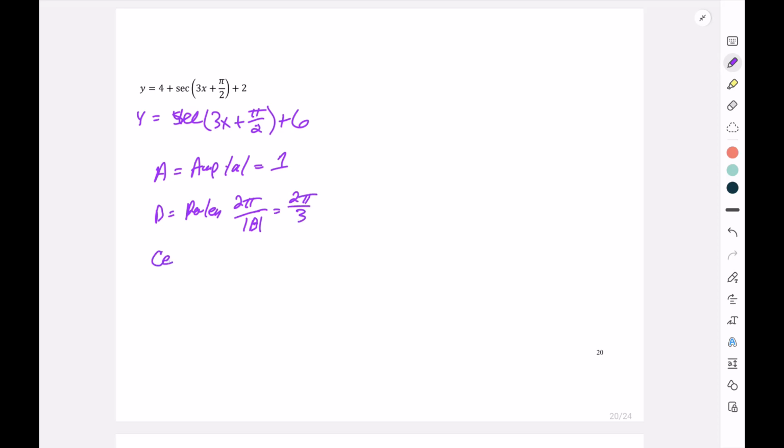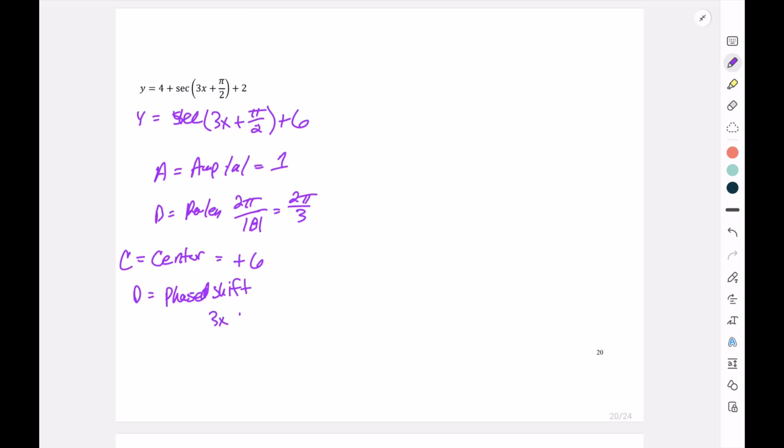Our center, our c, is going to be moving up to the positive 6 on the y-axis. And our phase shift, we're just going to be solving whatever is within the parentheses or the brackets.